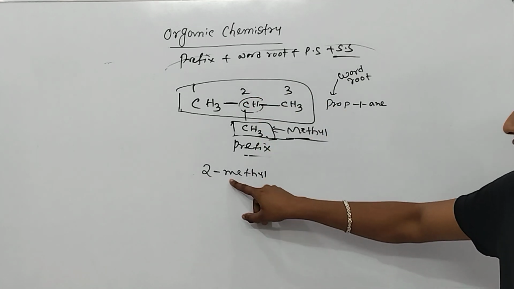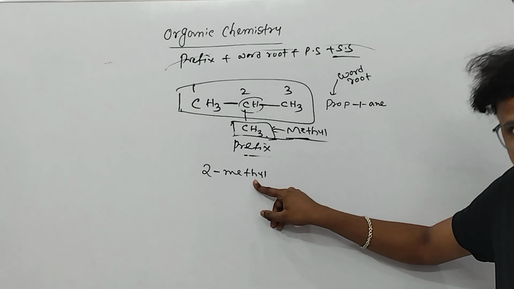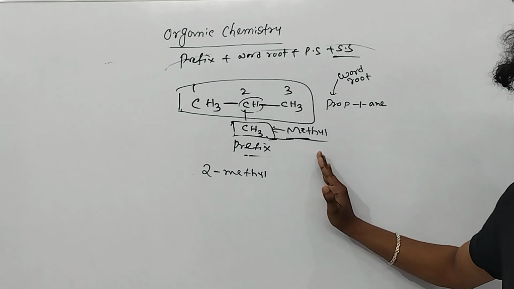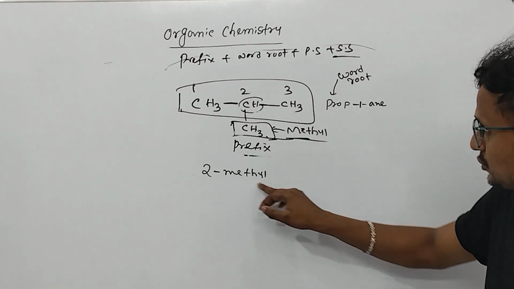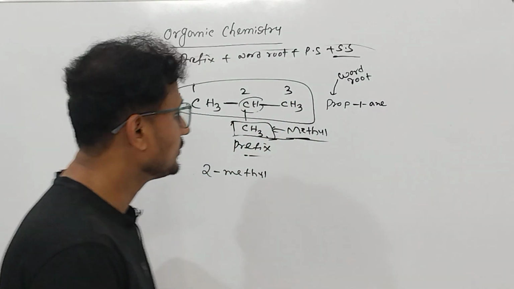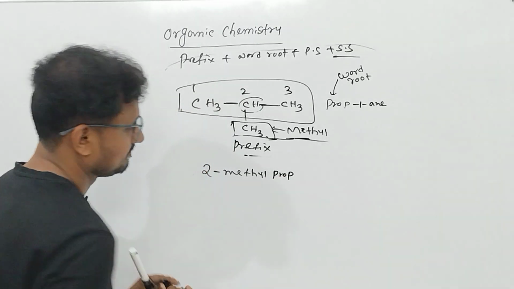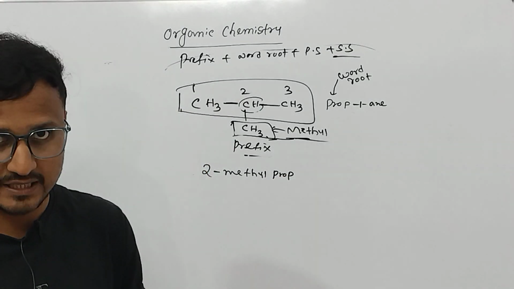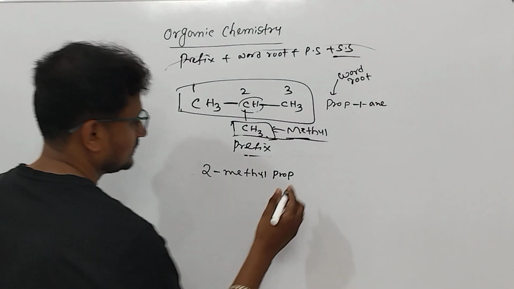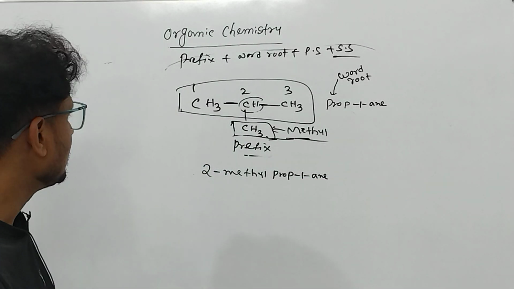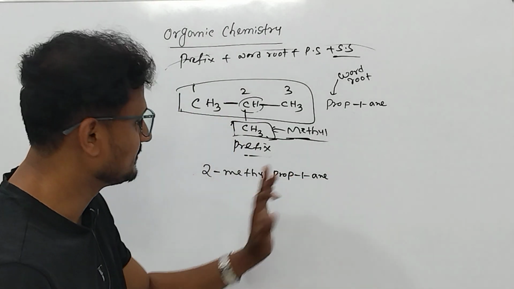Now this one is a word. After writing a word, if you want to write another word, you don't have to give any hyphen. So 2-methyl. Now how to write? Prop. 2-methylprop-1-ane. Why 1-ane? After number 1 carbon you have a single bond.